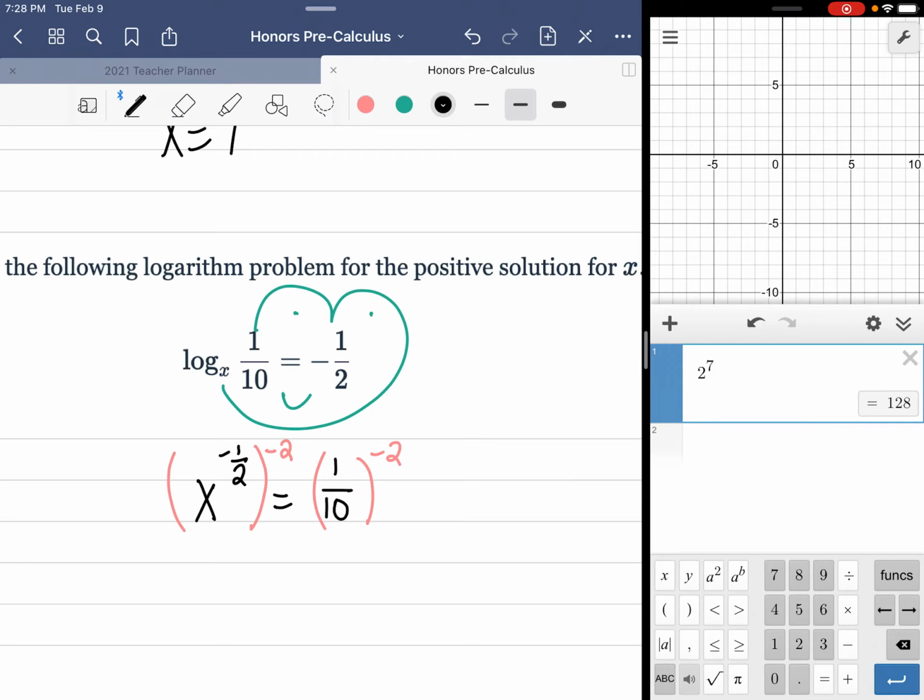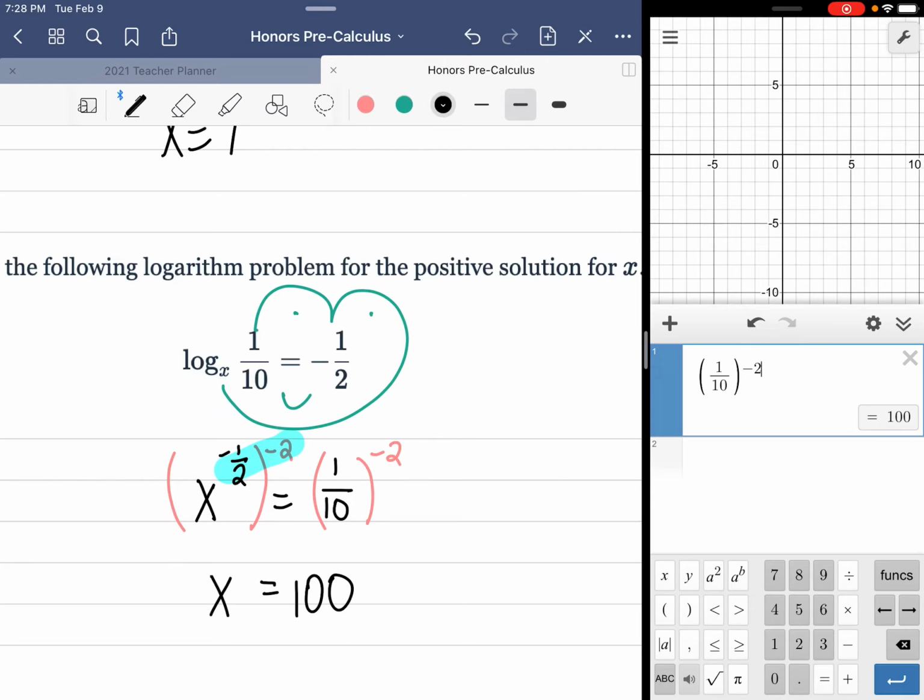But if I do it to one side, I have to do it to the other. So I have negative 1/2 times negative 2. So those are going to cancel each other because they're going to equal 1. So x equals 1 there, and then I have 1/10 raised to negative 2, and that's going to give me 100.